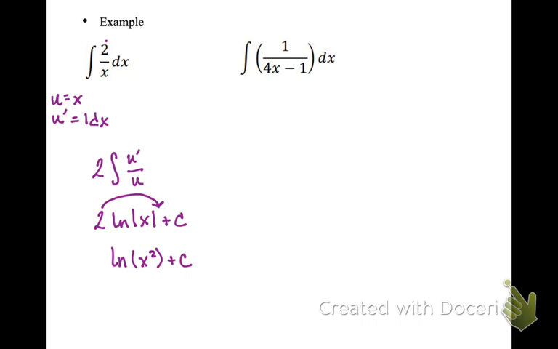Okay. Integral of 1 over 4x minus 1 dx. I know today is all going to be logarithms, but in general, as we move along, if you have a rational expression, that means a fraction, your hope should be that you can deal with it with the natural log, because it's quick and easy. They're not going to be all quick and easy.